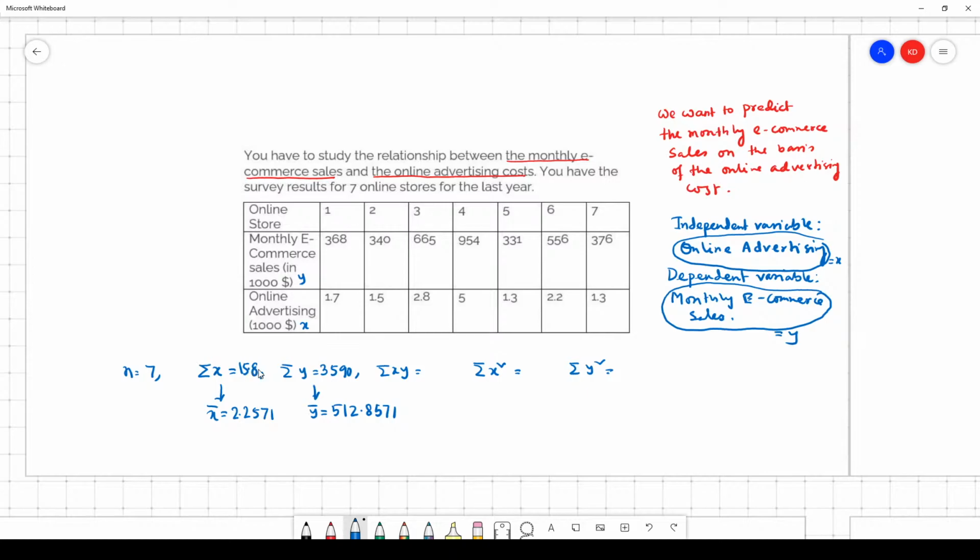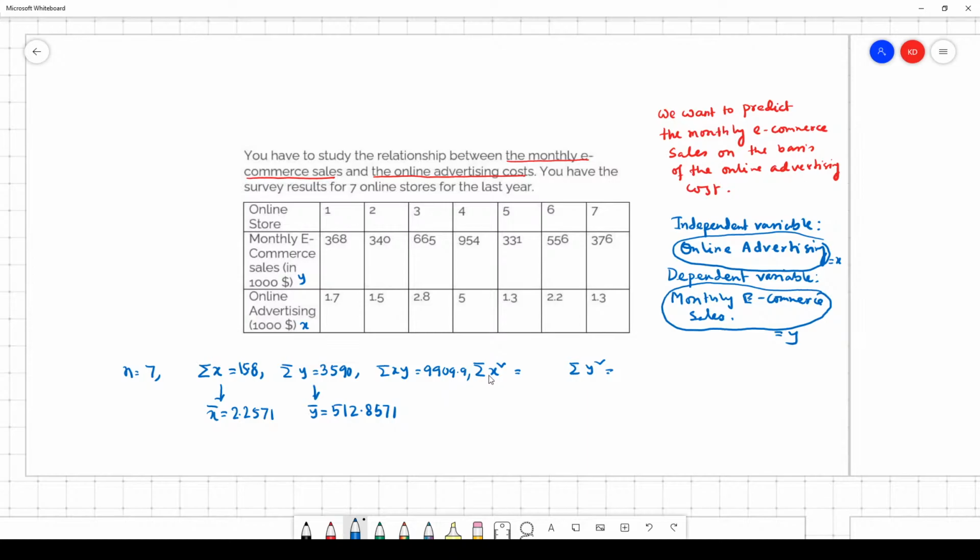Ronit, please tell me what is summation Y and what is Y bar. Please compute and tell me. Summation XY is equal to 990.99.